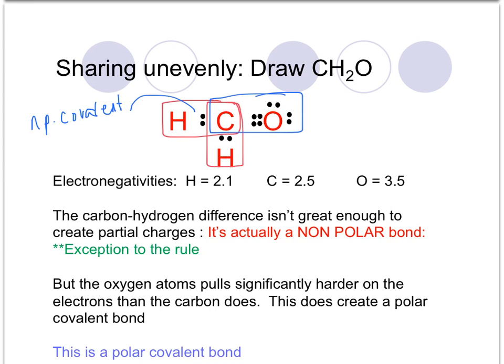It's an exception to the rule, and we just need to remember that it's non-polar covalent. However, the carbon-oxygen bond is two different nonmetals, and so we would say that that is a polar covalent bond. So is this molecule polar or nonpolar? We will learn in the next few slides that shape makes all the difference.